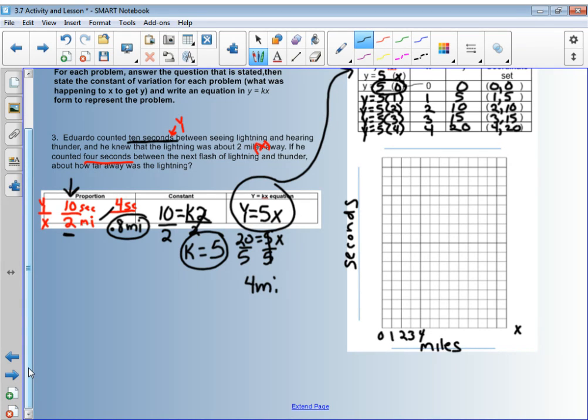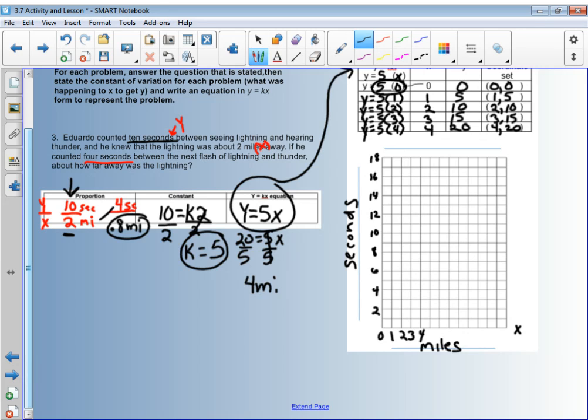If you wanted to skip every other box, you could do that also. And for our y's, it looks like we have to get up to 20. I think we could go every box is worth 1, but I'm just going to mark every other one: 2, 4, 6, 8, 10, 12, 14, 16, 18.